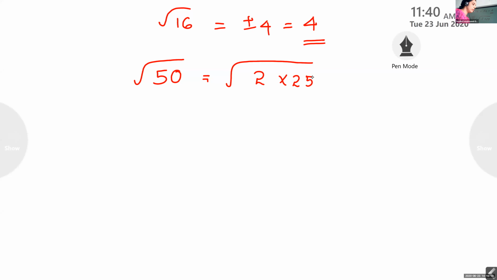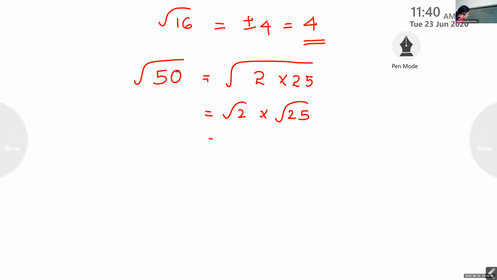Now, you know it as root 2 into root 25. You make it into two separate roots.